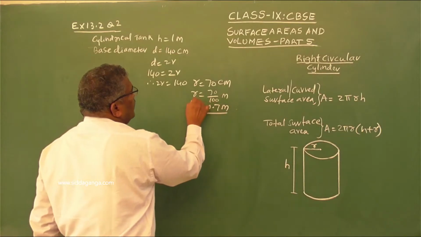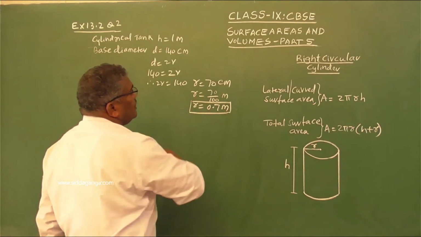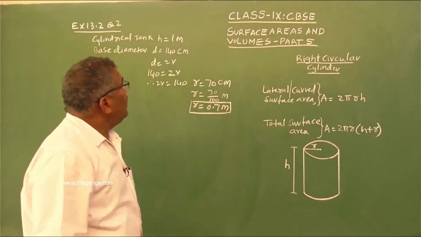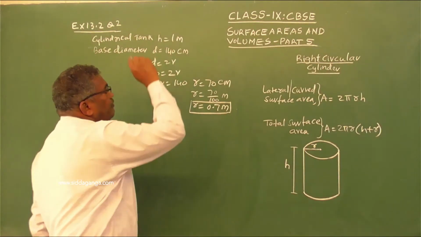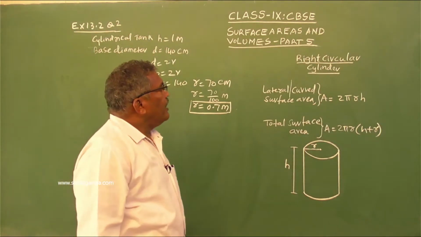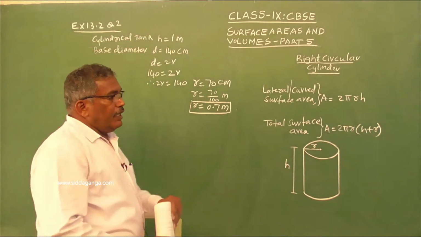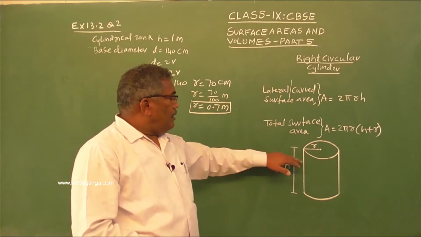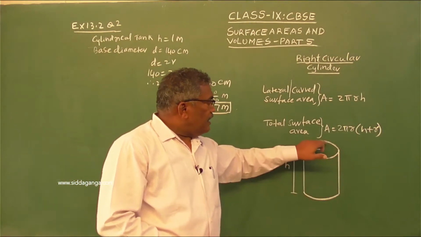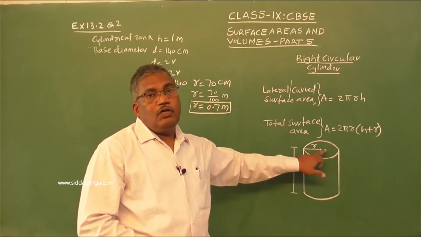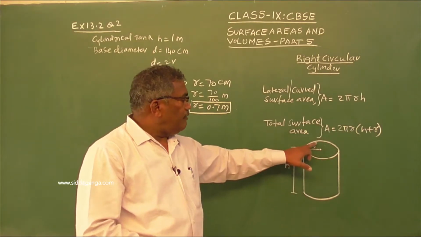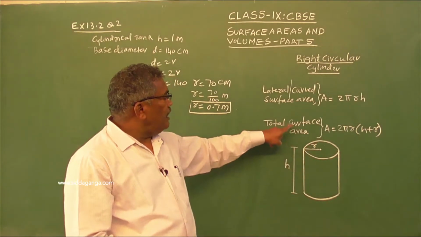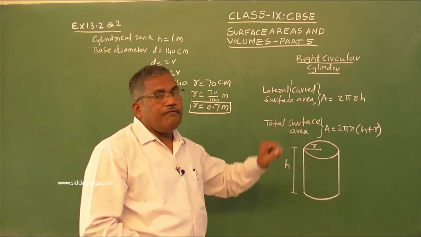You have this data: radius in meters, height in meters. Now we can calculate. To construct the tank, we need to use the curved surface area and also the two circular areas at the end. So we have to use the total surface area formula.